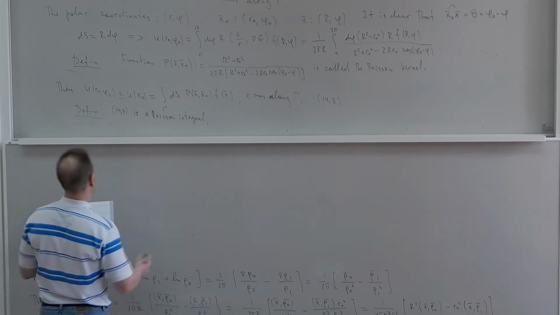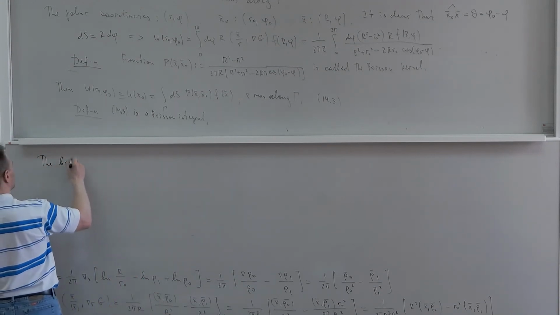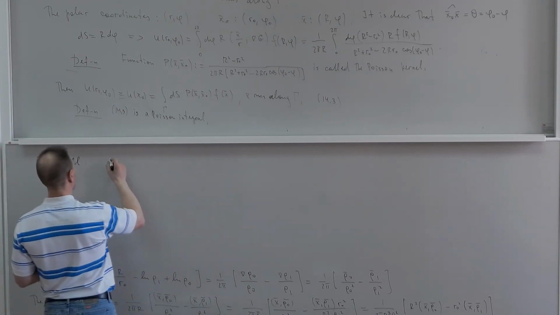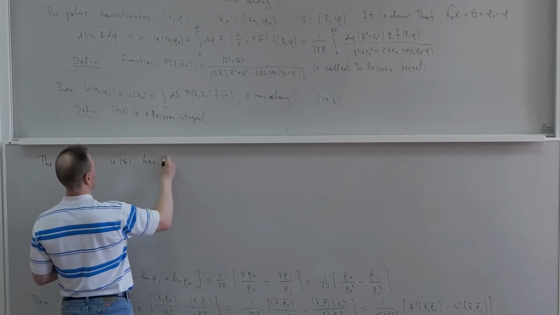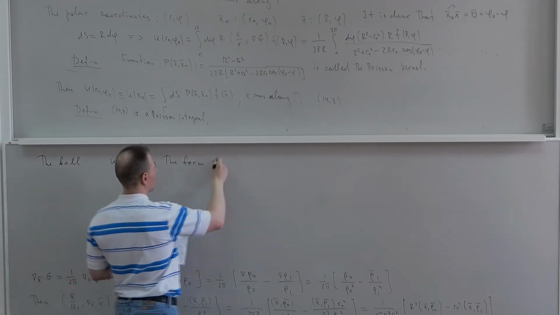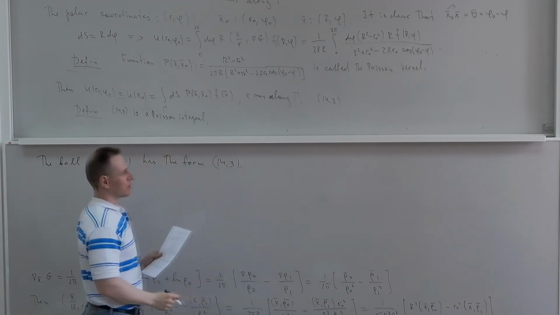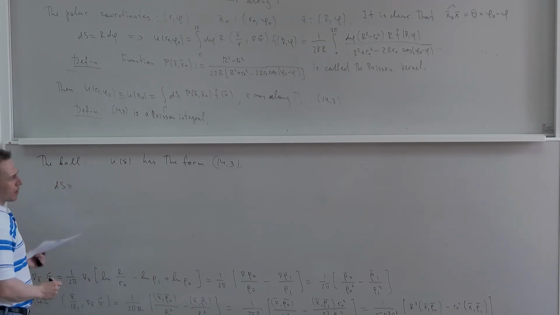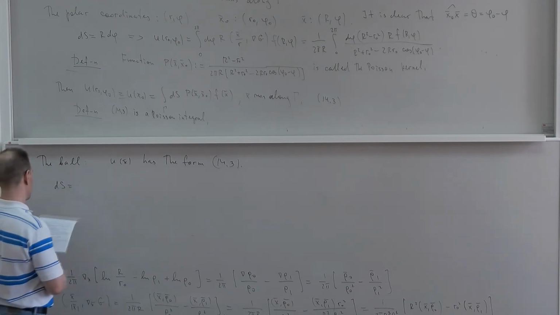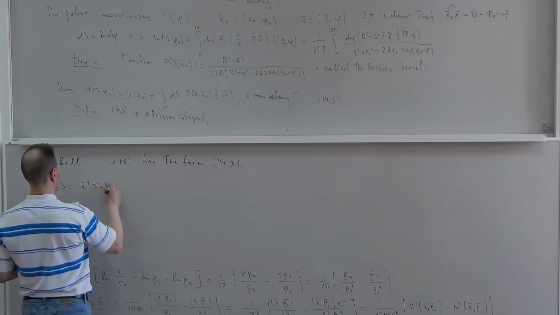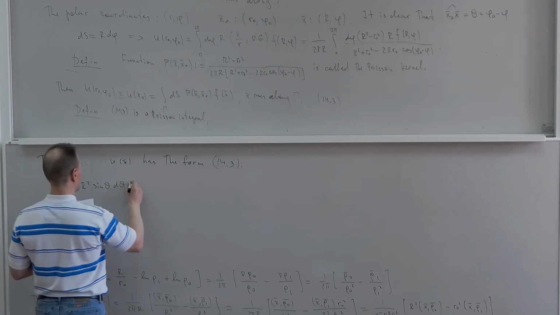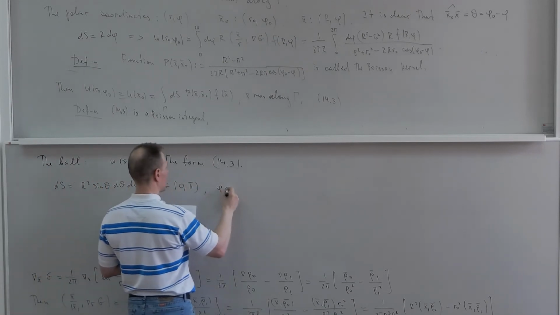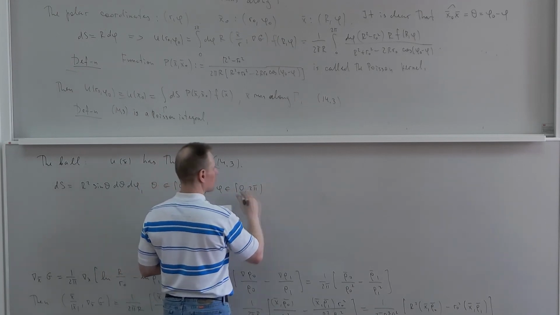As for the ball, the solution has the form 14.3, but with some changes in notation, namely the elementary area of the sphere is equal to the standard expression, this theta belongs to this interval, and phi is from this interval.